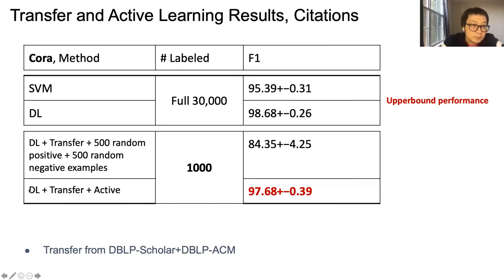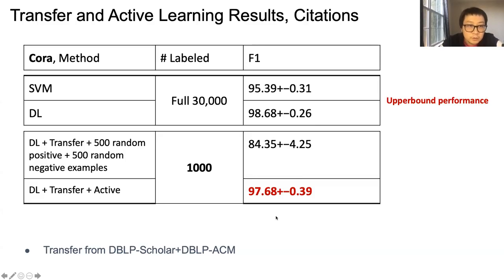But with our approach, where we first learn a transferable model, then we use our sampling strategy to get 1,000 examples, and every iteration we ask the user to label about 100 examples. So after 10 iterations, we stop the fine-tuning process, and this is the F1 score we achieved.